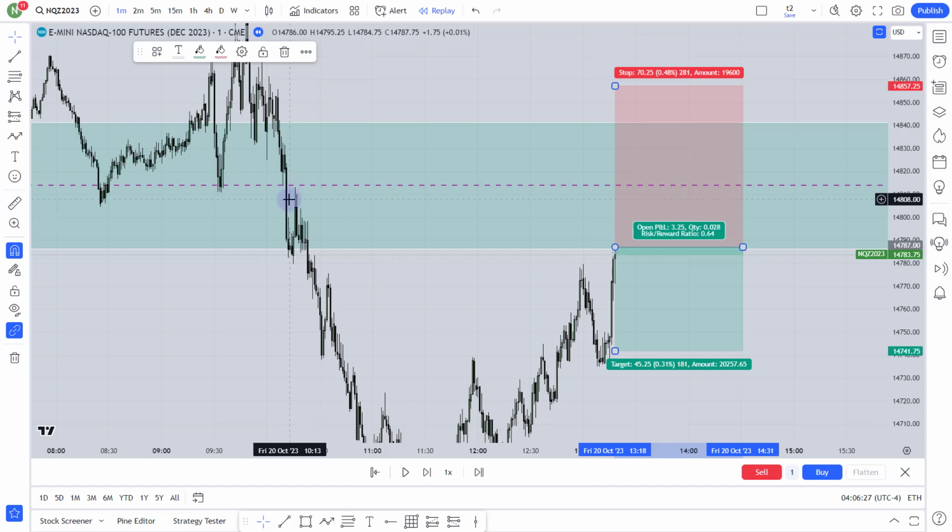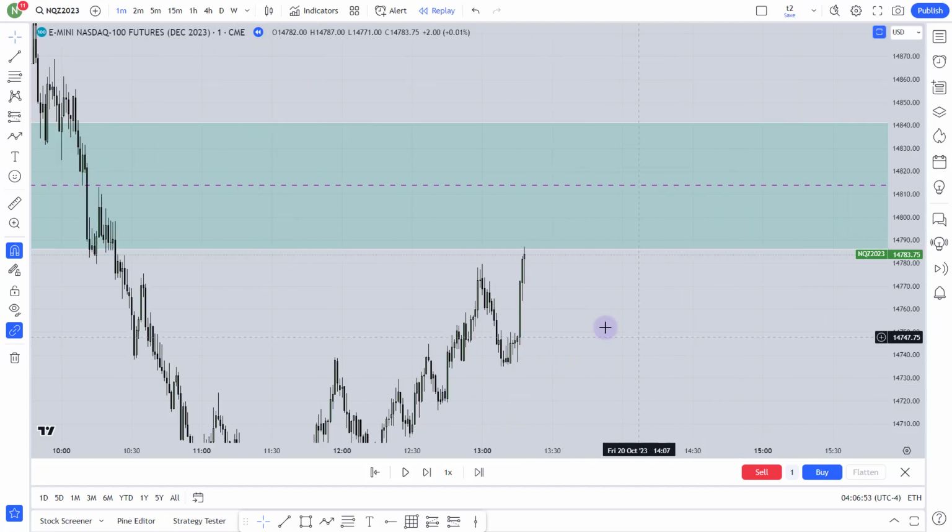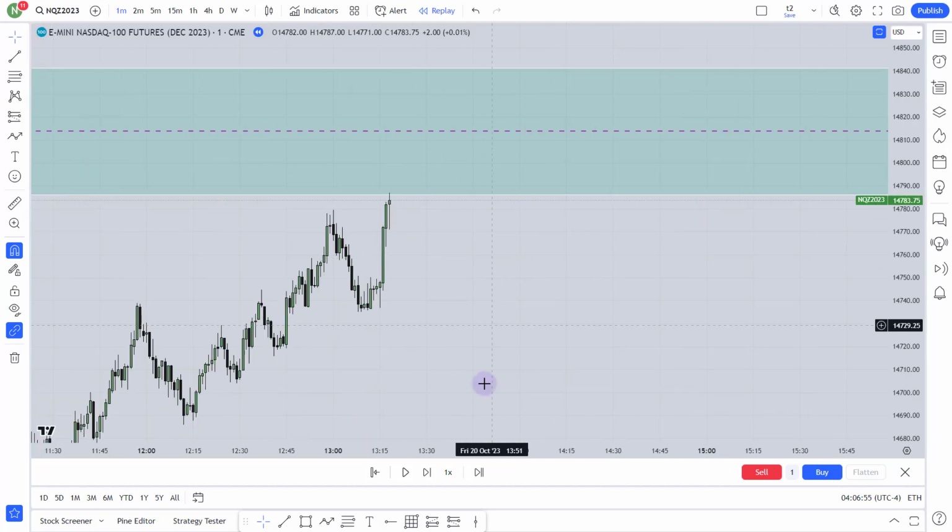Because there is no high above the consequent encroachment other than the highest high, so you can't put your stop loss elsewhere, because price can go above this high and take the liquidity again, then reject. That's why you have to put your stop loss at the highest high. And it's gonna be near about 70 handle, and that is huge for me. I'm not interested to take this entry. I will wait for further price action over here.